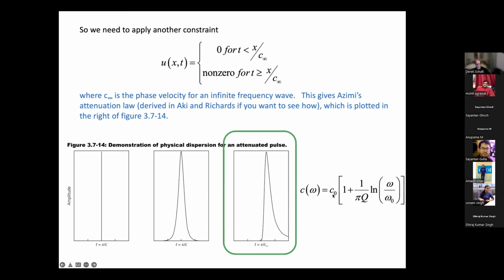The maximum velocity is going to be given by c naught, and that will be the arrival time right at x over c infinity. And then more and more energy will come in later and later.